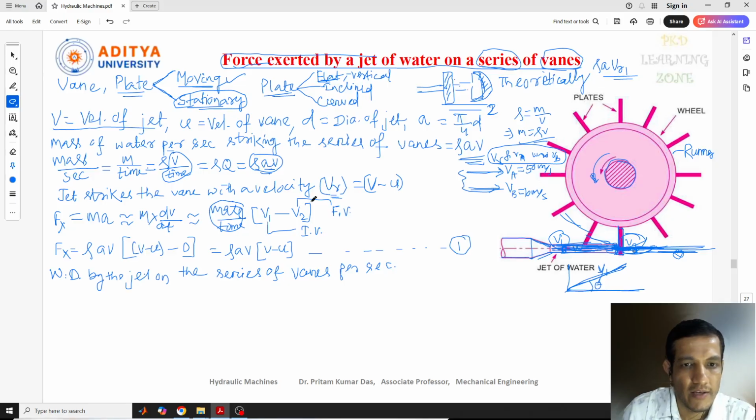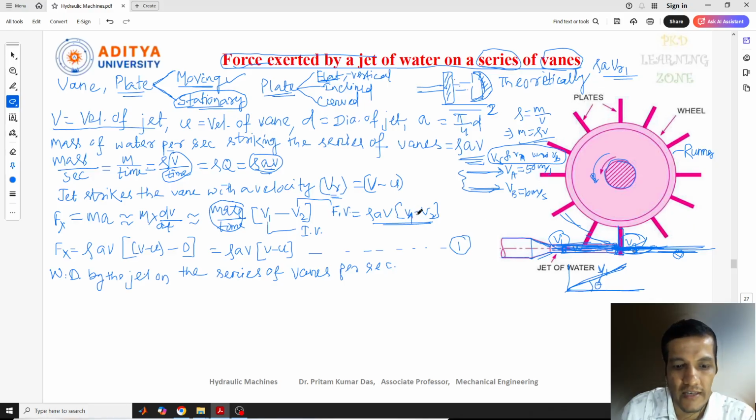Now, one more thing I forgot to tell you. See here, what I have written, v1 minus v2, correct? So this one, if I write here, this is again rho a v, and this is v1 minus v2, correct? Why I have written v1 first is because we are going to calculate the impact of jet on the plate.